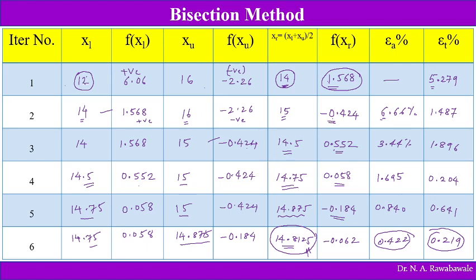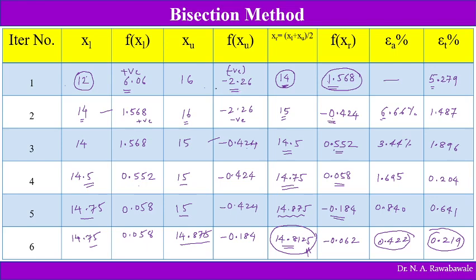First we have to approximate. This is our duty, to find out the two approximations in such a way that if one approximation we substitute, function has to yield positive value, and by substituting another approximation, function has to yield negative value. Then we can proceed, because this is a bracketing method.